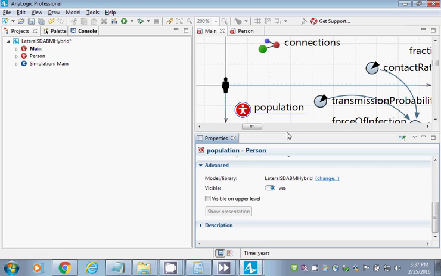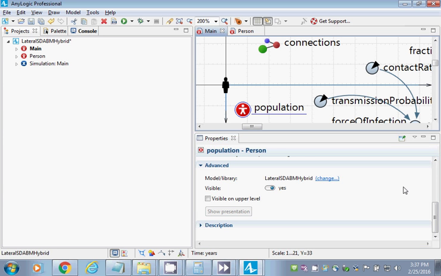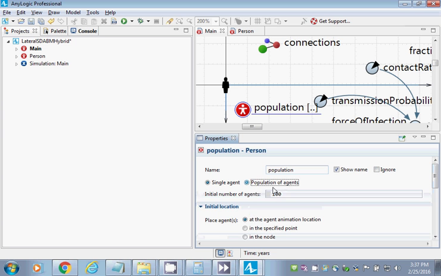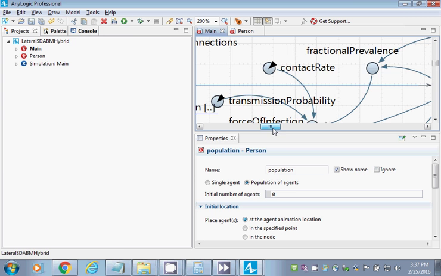And one of these we need to stick in here, a link. This bottom one here.